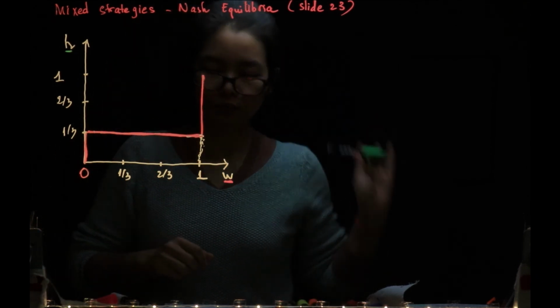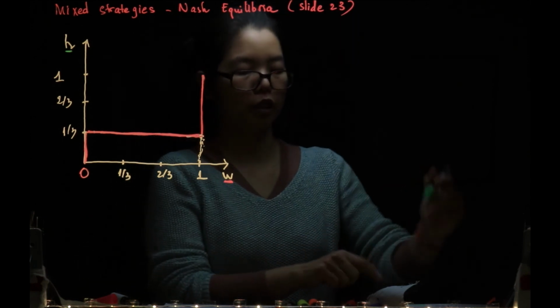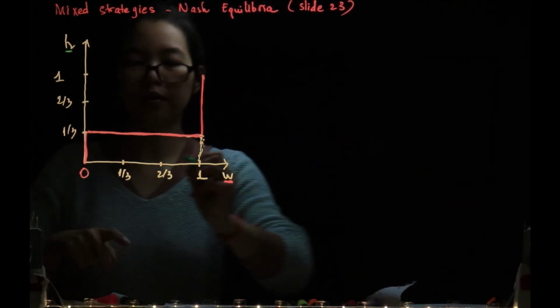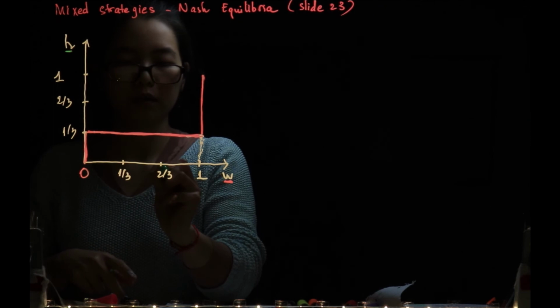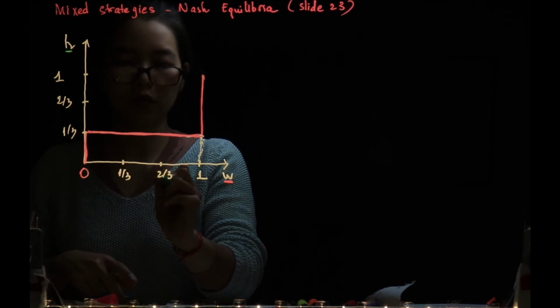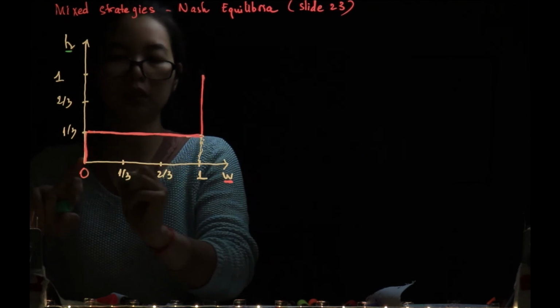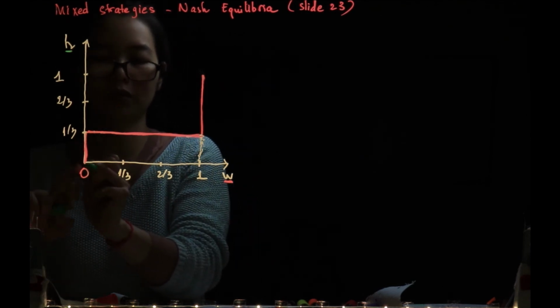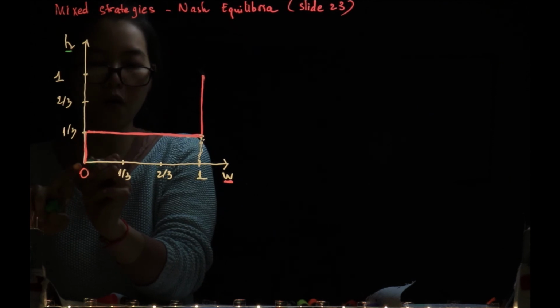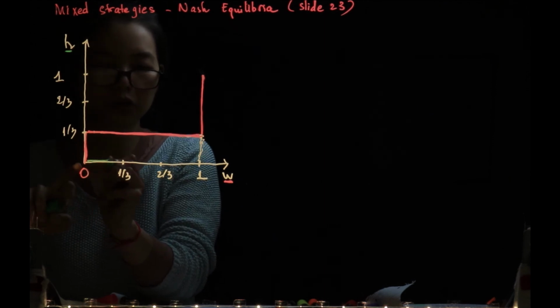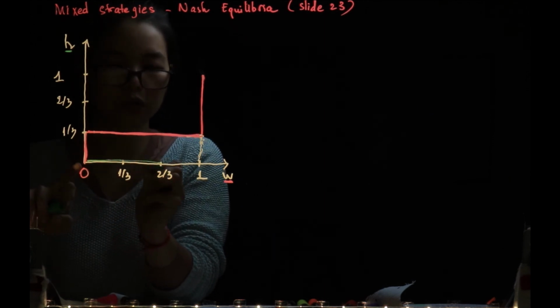Similarly, we turn to the husband. Remember, when W is smaller than 2/3, he would set H as small as possible, which is 0, for the whole range of W smaller than 2/3.